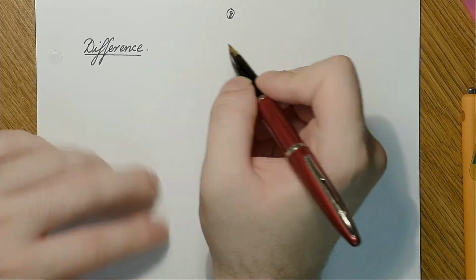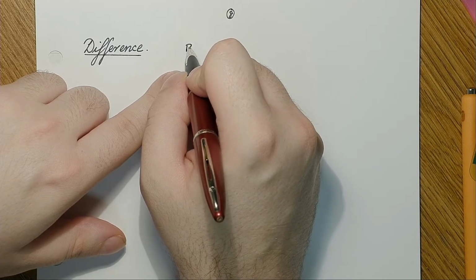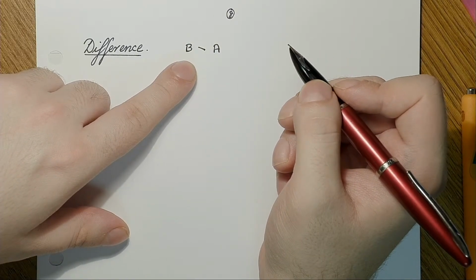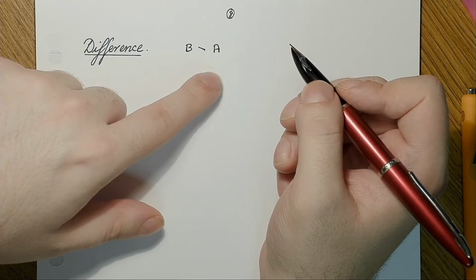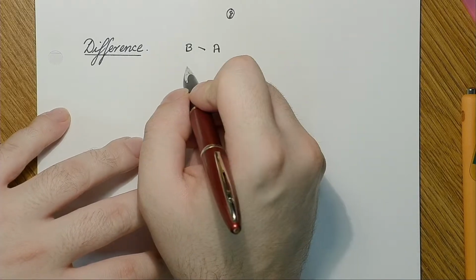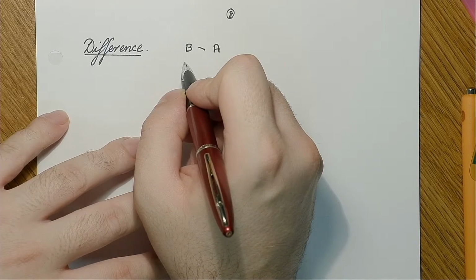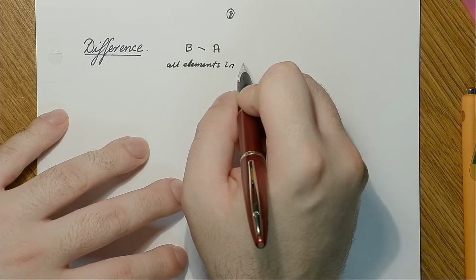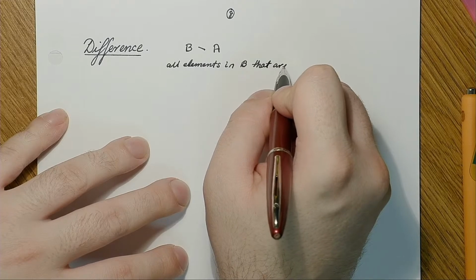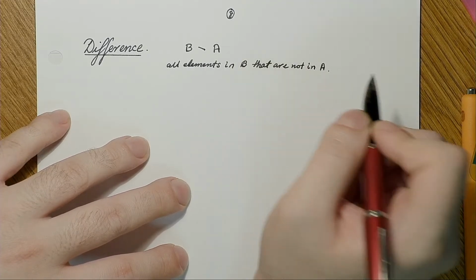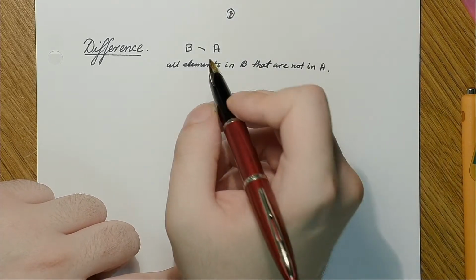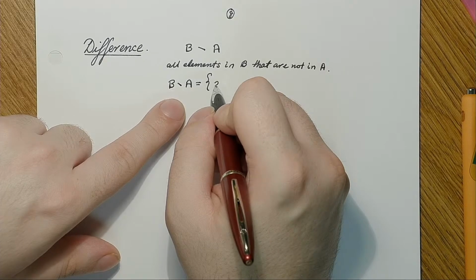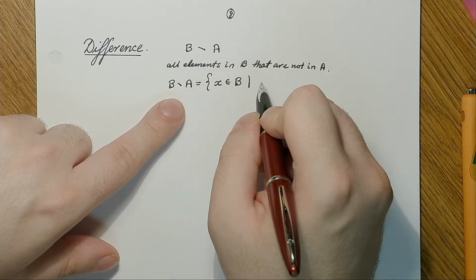What we usually write is B set minus A. So you can think of it as starting out with B, and then we take away all the elements of it that are in A. So it's all elements in B that are not in A. So again, we can think of it as all the elements in B such that they are not in A.